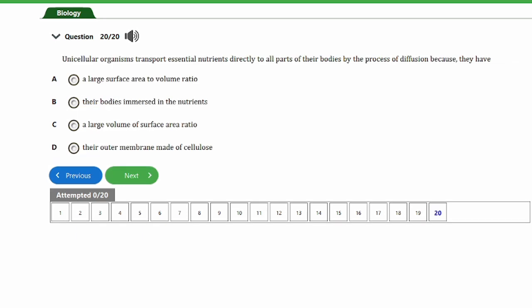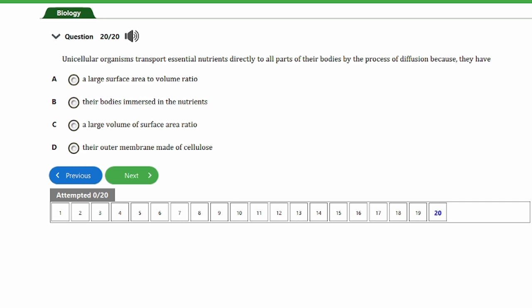So guys, let's look at the next and the last question, and that's question number 20. It says unicellular organisms transport essential nutrients directly to all parts of their bodies by the process of diffusion because they have A, a large surface area to volume ratio, B, their body is immersed in the nutrients, C, a large volume of surface area ratio, and D, their outer membrane made of cellulose.